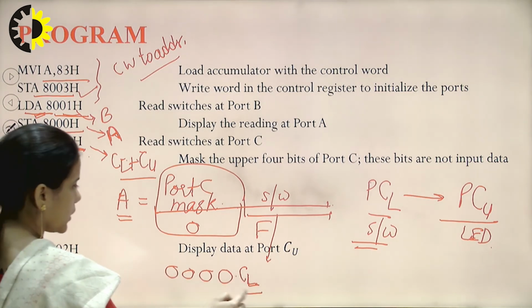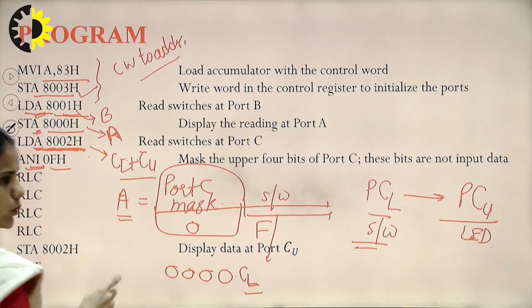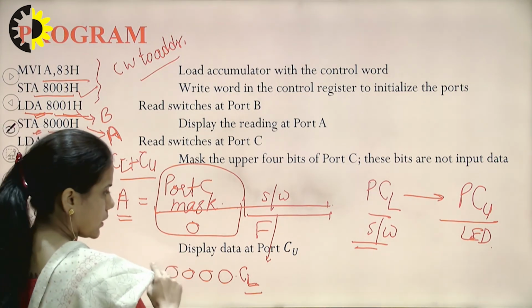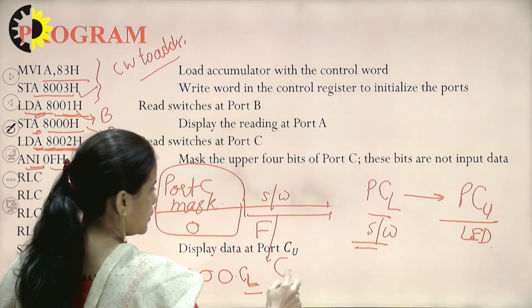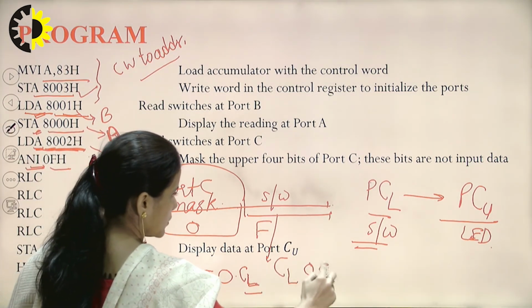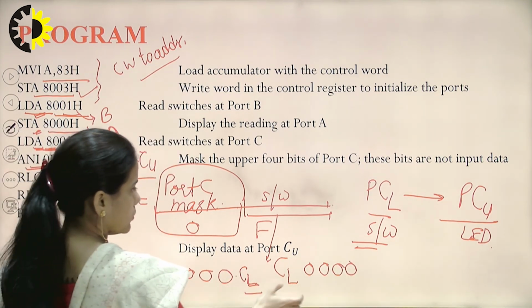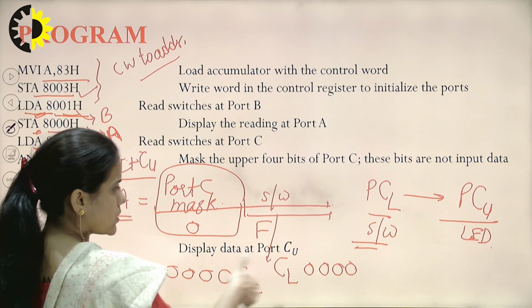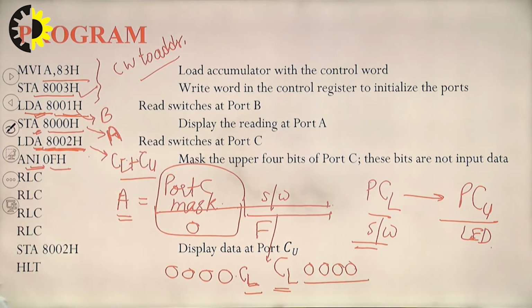Now we will rotate this left 4 times. After rotating this data 4 times in the left direction, we will be able to replace port C upper with the port C lower value, and the lower 4 bits will be 0000.